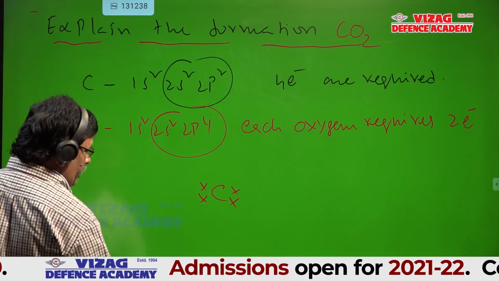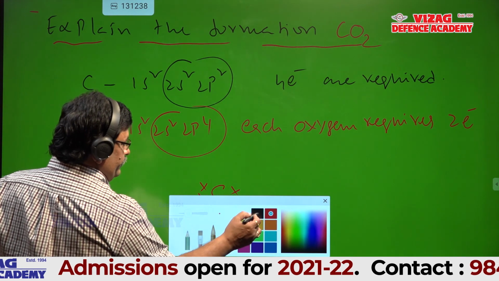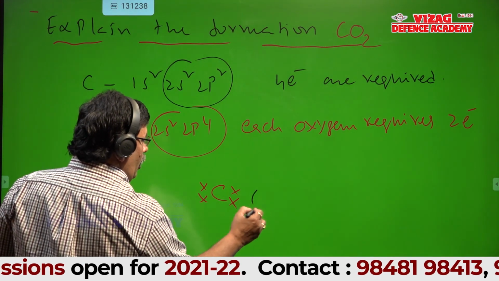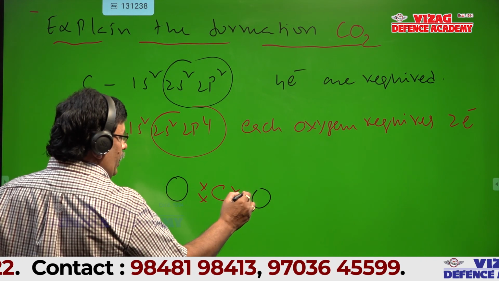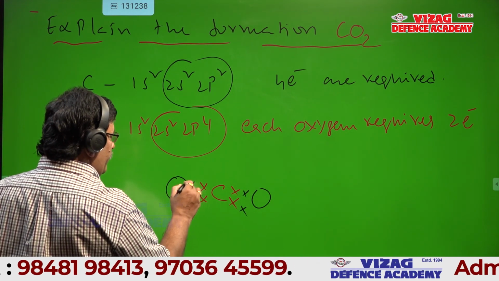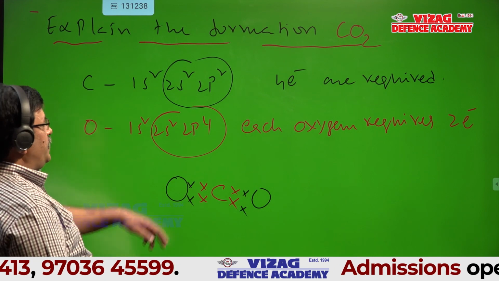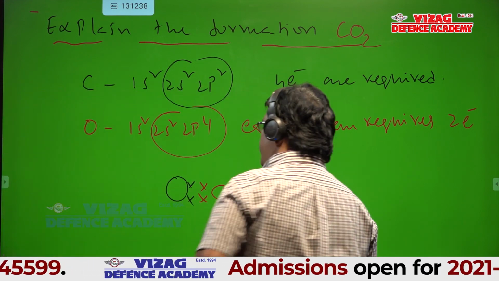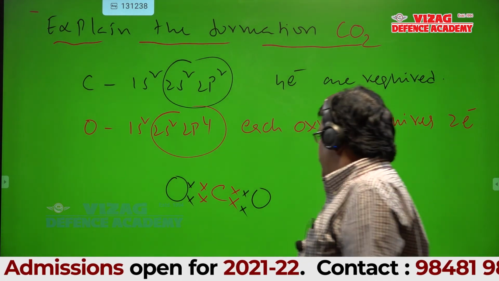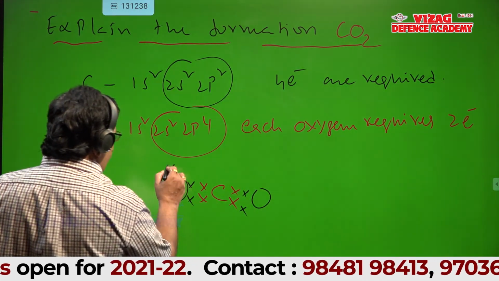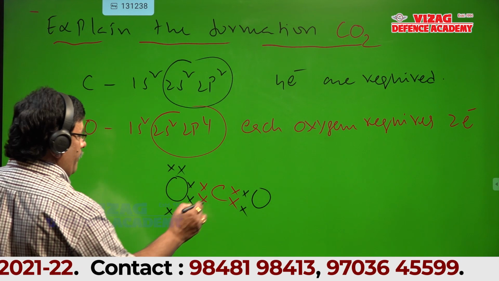4 electrons contributed. Oxygen should contribute 2 electrons. Out of 6 electrons of oxygen, 2 are contributed. So remaining 2 are here.